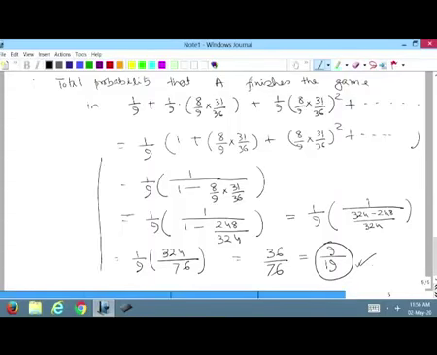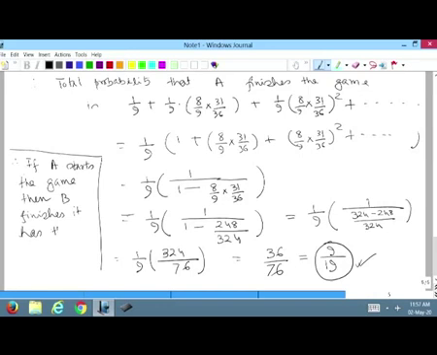Therefore, we can easily see that if A starts the game, then B finishes it has the probability 10 upon 19.